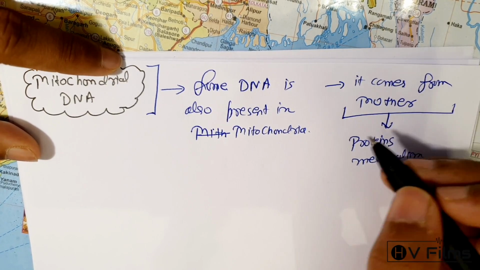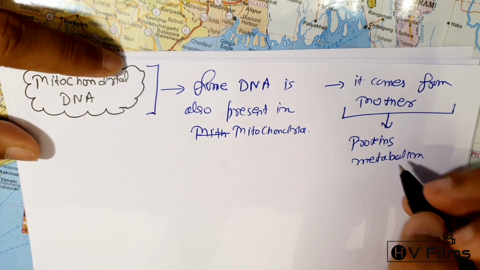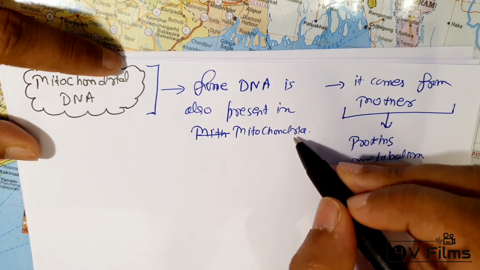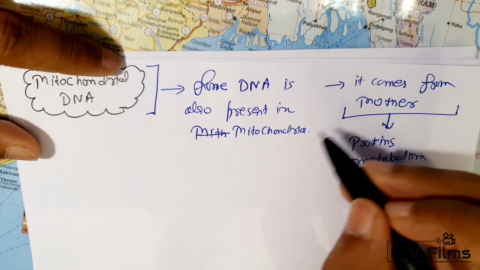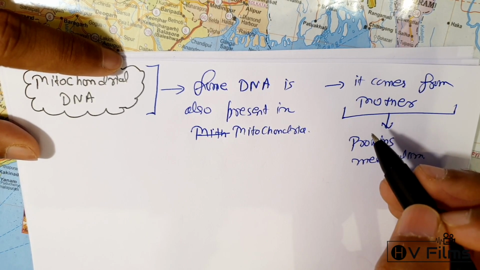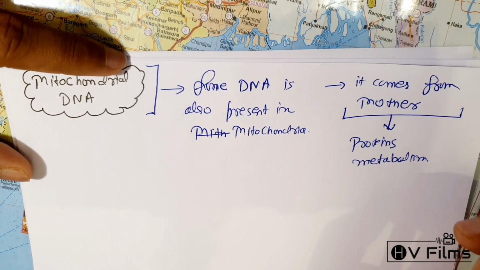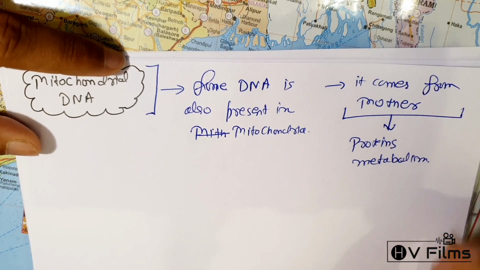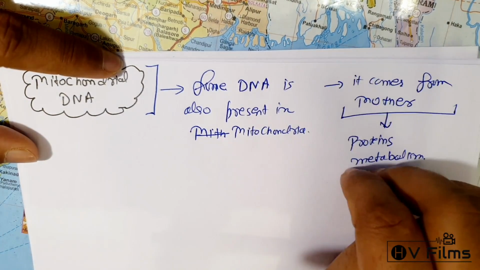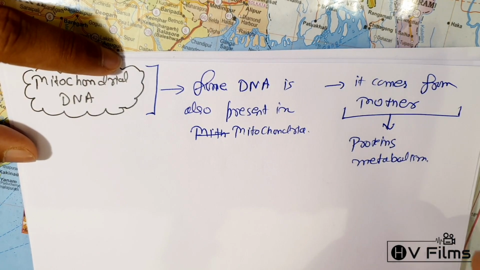So the mother's mitochondrial DNA is responsible for protein metabolism, and it is present in the mitochondria. It is different from the nuclear DNA, because that comes from the dad, the father, and is responsible for the inheritance. So this is the difference between the mitochondrial DNA and the nuclear DNA.